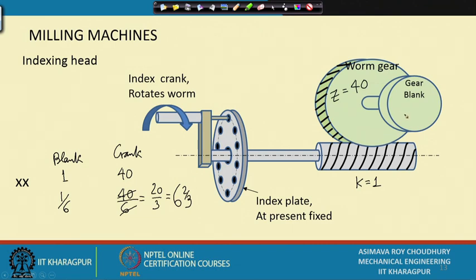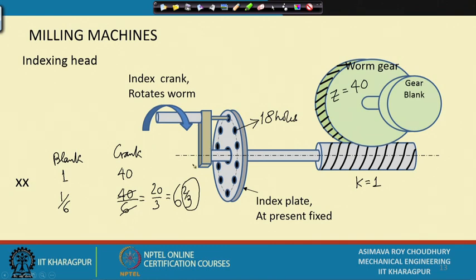How do I do it? Well, I can rotate 6 times very accurately because I come back to the same position, but how do I rotate this 2/3? For that, something very clever has been done here. I make here a number of holes, very accurately made and equispaced, which is a multiple of 3. Say let us take 18 holes.